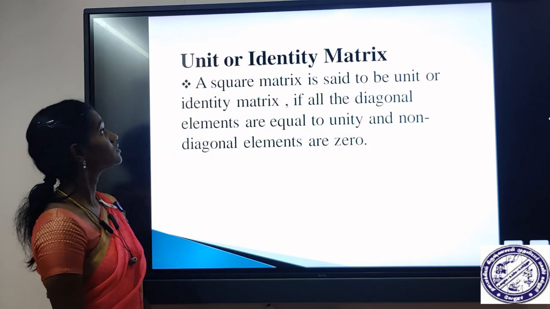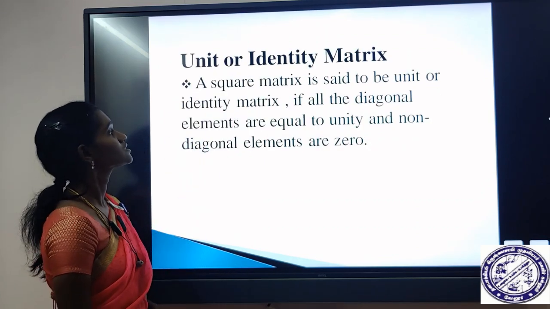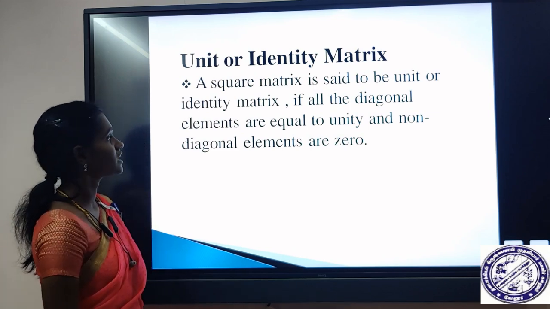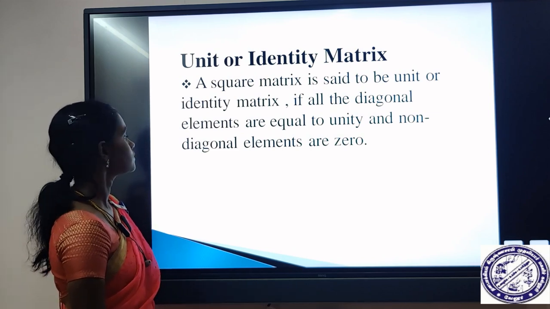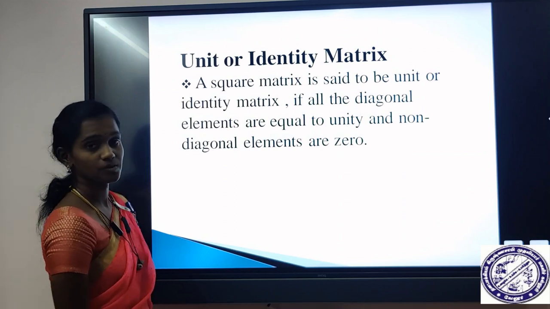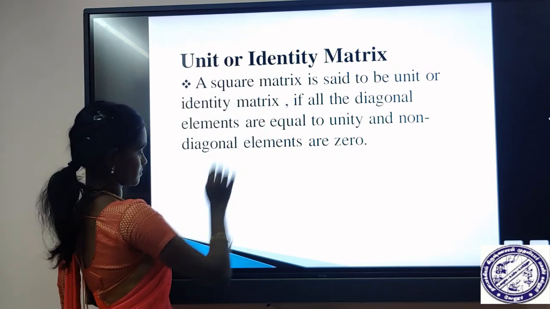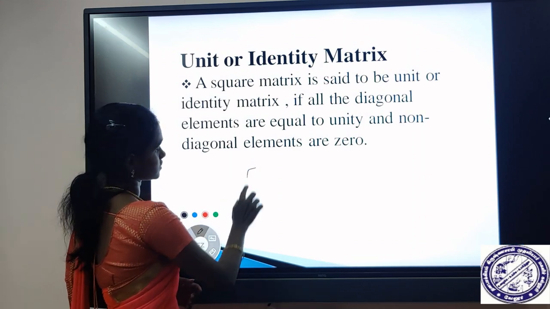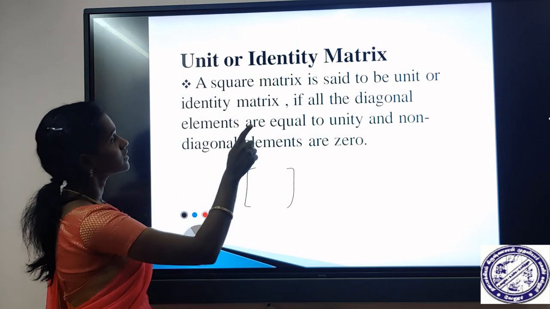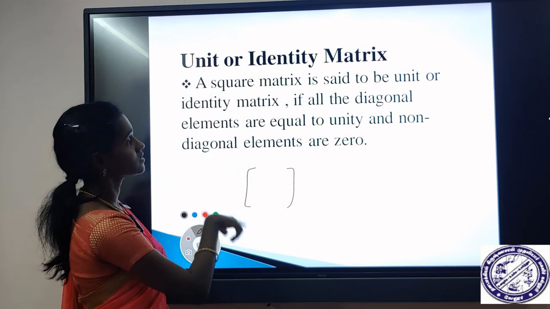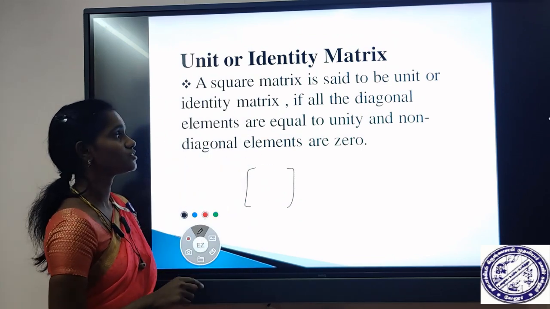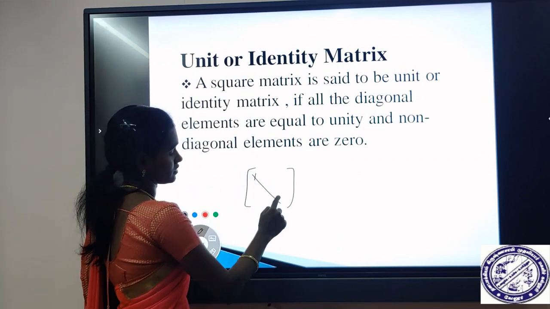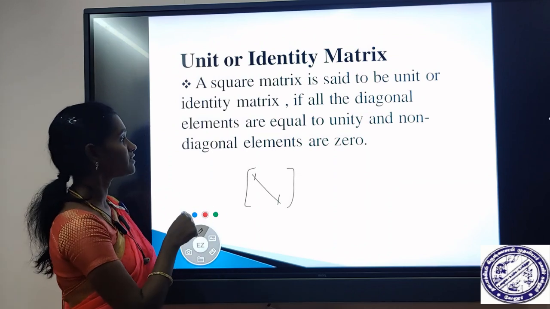Then we are going to see what is a unit or identity matrix. A square matrix is said to be the unit or identity matrix if all the diagonal elements are equal to 1 and non-diagonal elements are 0.